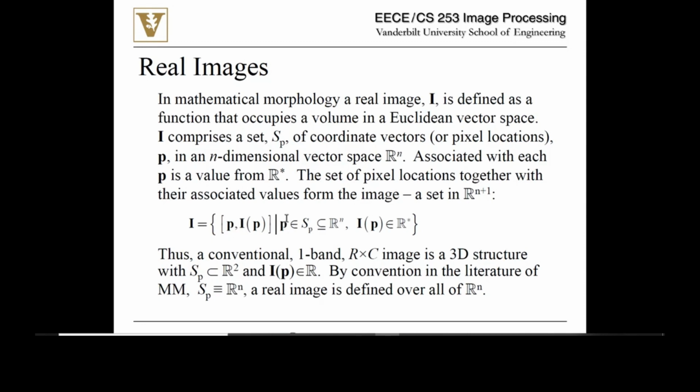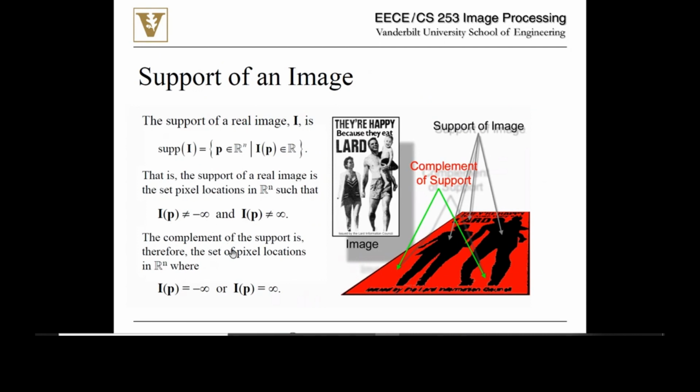We will consider only grayscale images, not color images for the moment. So P has two dimensions, and the intensity is an extra dimension, so this will be a three-dimensional set. Okay, good. So what is the support?